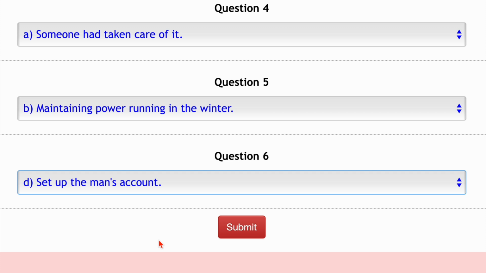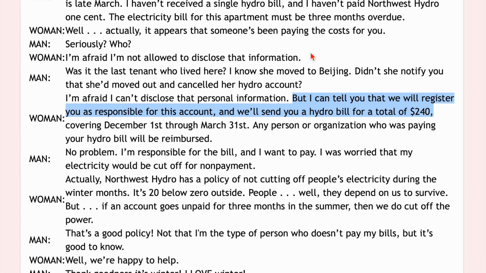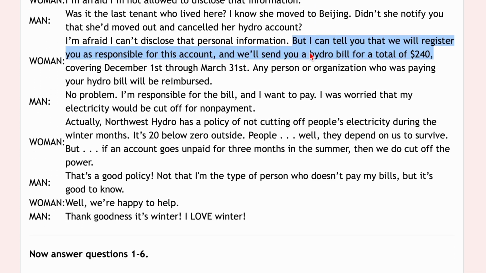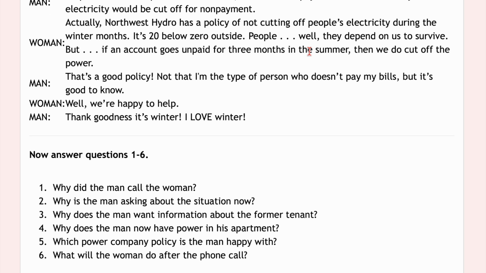Okay, everyone, it's a very good idea to review the script so we can understand it better. Always a good idea. And also, let's try to understand more clearly why the answer is the answer and the other answers are not the answer. That's very good for building our comprehension skills.